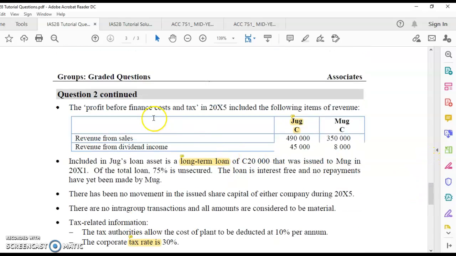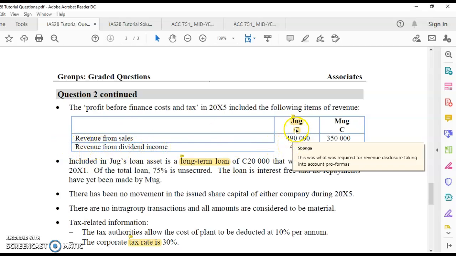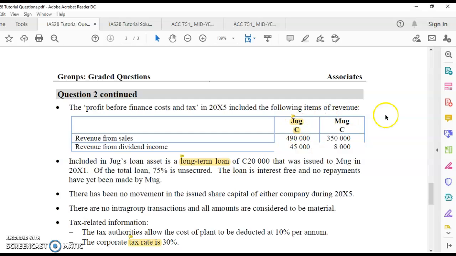And then we are given that profits before finance cost include the following items of revenue, and it was revenue from the actual sales plus the revenue from dividend income. Again, this was what you were required to do for revenue disclosure, and only the portion of JAG will show.